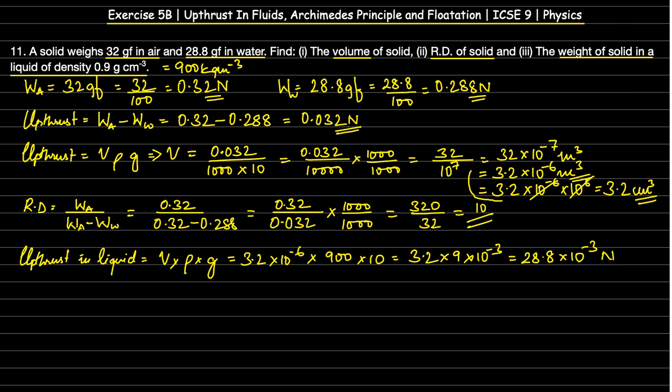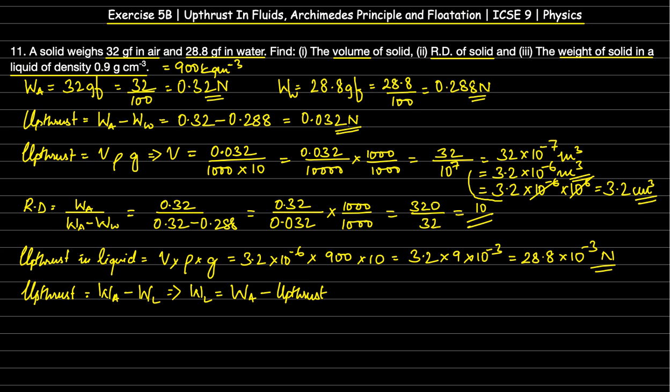Now we would be using another formula for upthrust, that is weight in air minus weight in liquid. So upthrust will be equal to weight in air minus weight in liquid. So from this particular formula we can find weight in liquid equal to weight in air minus upthrust.